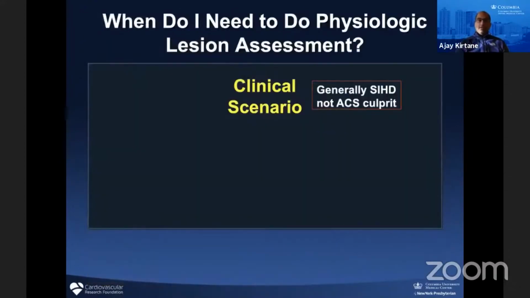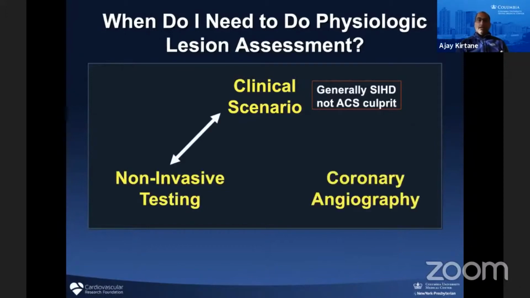So generally speaking, when we take stable patients, not acute coronary syndrome patients, which is a different bag, what we're trying to optimize is taking the clinical scenario with the non-invasive testing, such as stress testing or CTA, and then correlate those two. And the angiogram further allows us to correlate to make a decision whether to treat. And all these three things go together. So symptoms, stress testing or CTA, and then the coronary angiography.